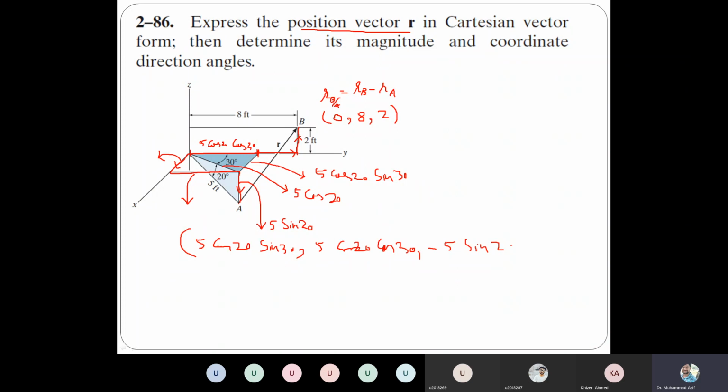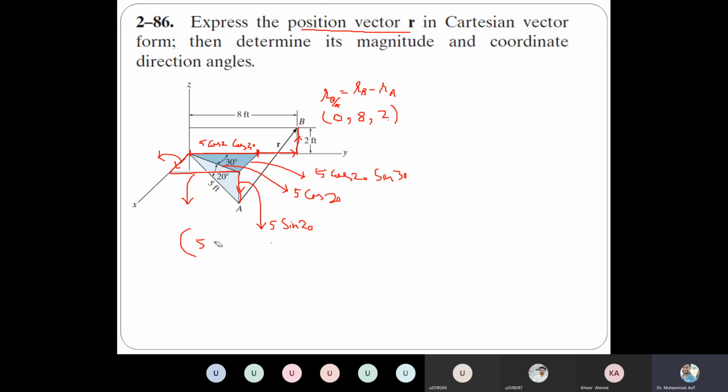So this is the position vector of A. Remaining is very simple. You know the position of B and you know the position of A. So how to get RB minus RA? I mean 0 minus this, 8 minus this, 2 minus this. You simplify, and that will be the position vector.